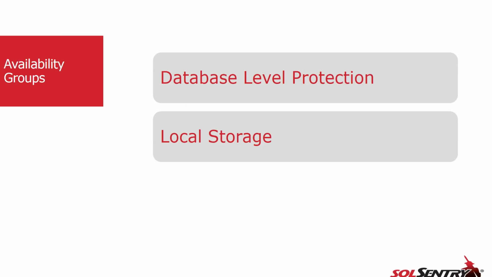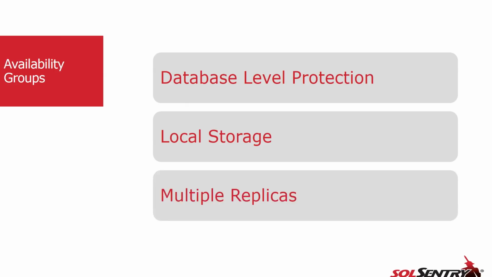So, we start talking about availability groups. Some of the really important things we need to understand: first and foremost, they're database level protection. That means one or more databases on an instance will be replicated to a number of other replicas.